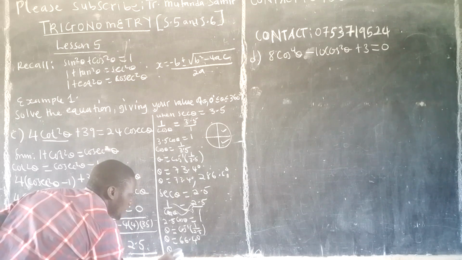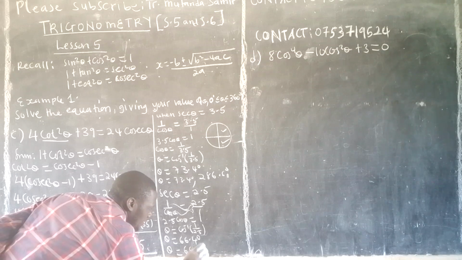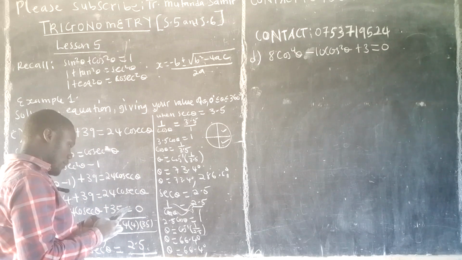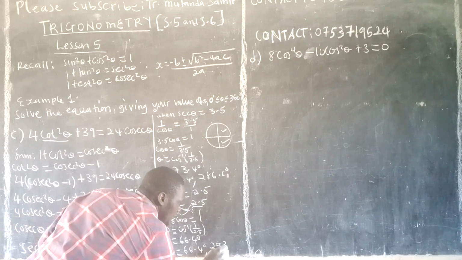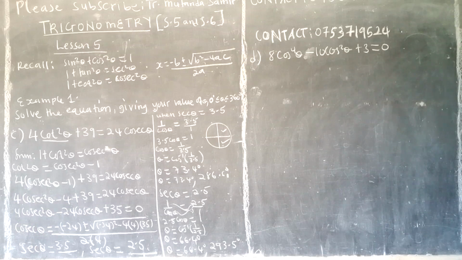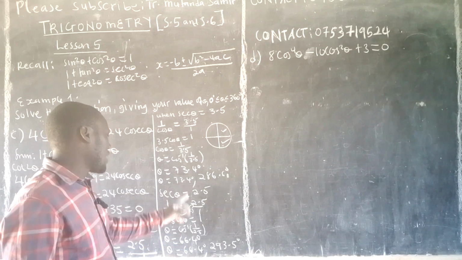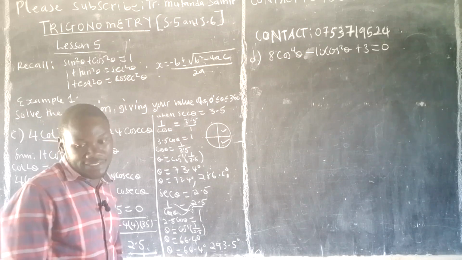They're all positive, so that angle will come back: 66.4 degrees, comma. Then 360 minus the answer, which will be 293.5. That's the answer we have now. You know how to conclude: you get this and this, arrange them together, and those will be our answers.